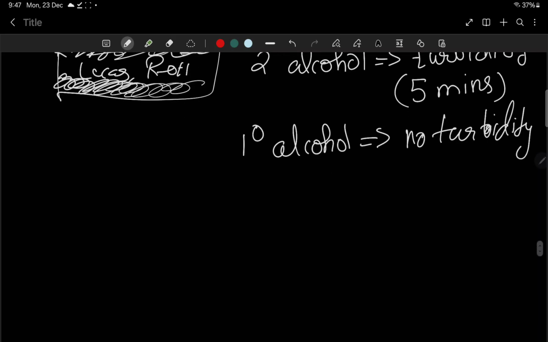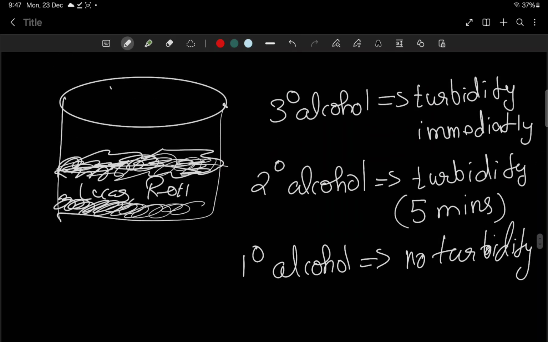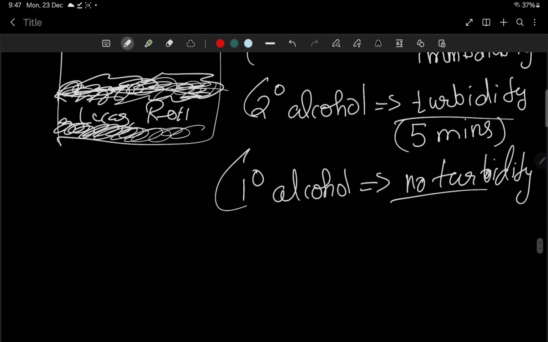Here, what we can understand, and that's why I am telling that we use this method not for the preparation of haloalkane, but for the identification of which alcohol, primary, secondary or tertiary. If we get turbidity very fast, it's tertiary. In 5 minutes, it's secondary. No turbidity means it's primary. We can identify. That's the order.